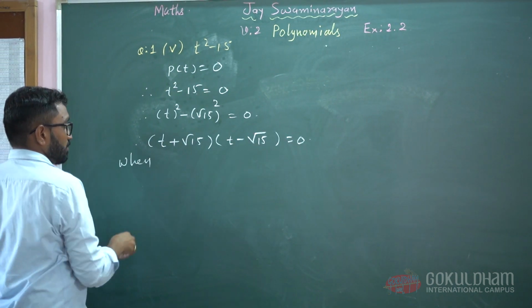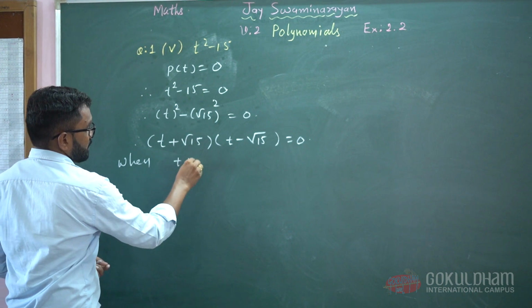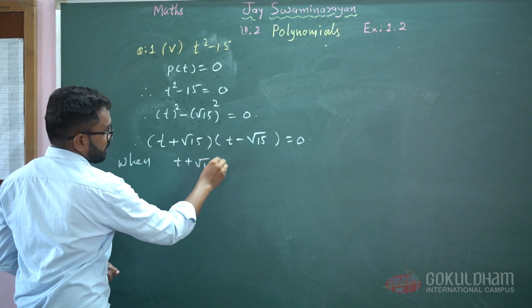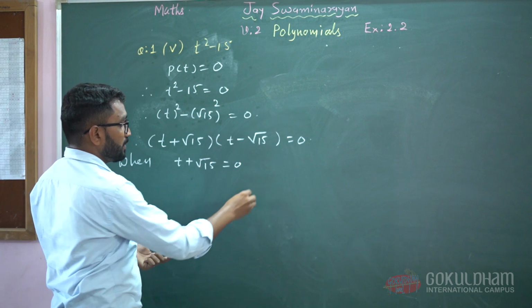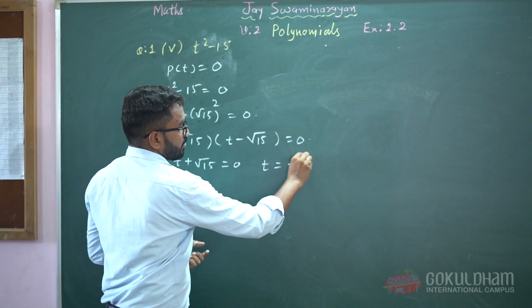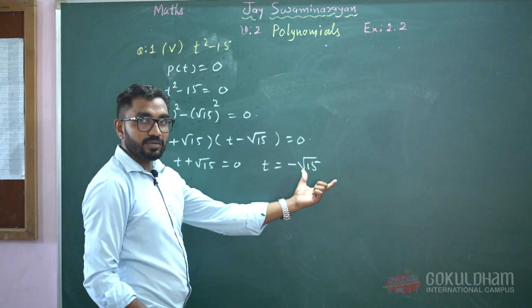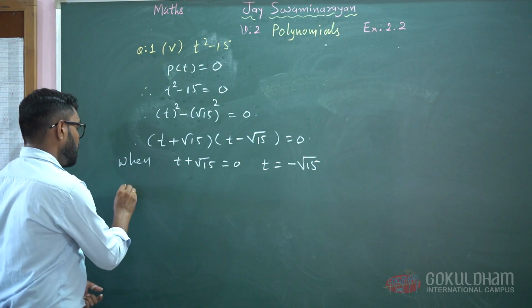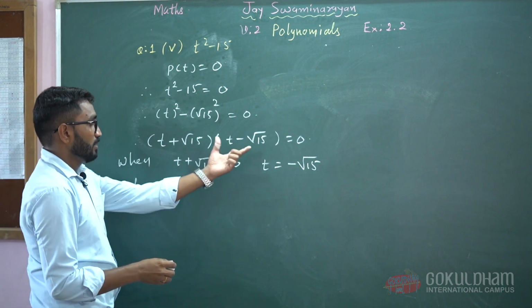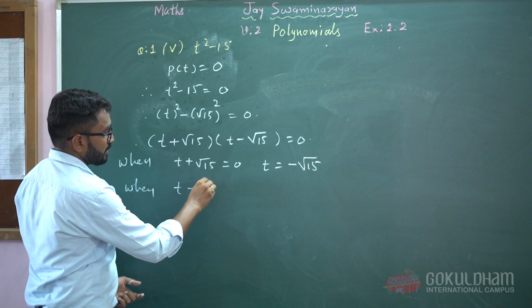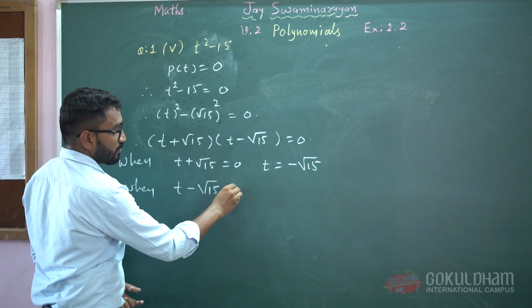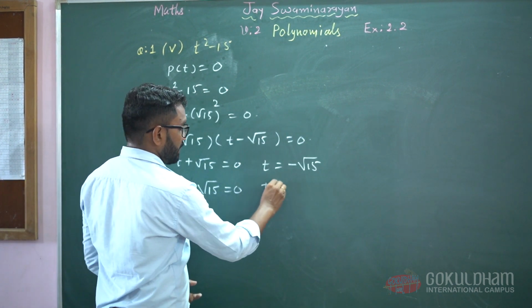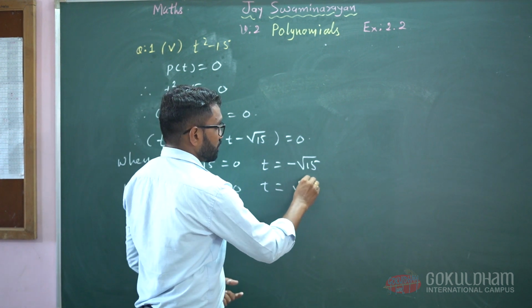When t plus under root 15 equals 0, the value of t is minus under root 15. When t minus under root 15 equals 0, the value of t is under root 15.